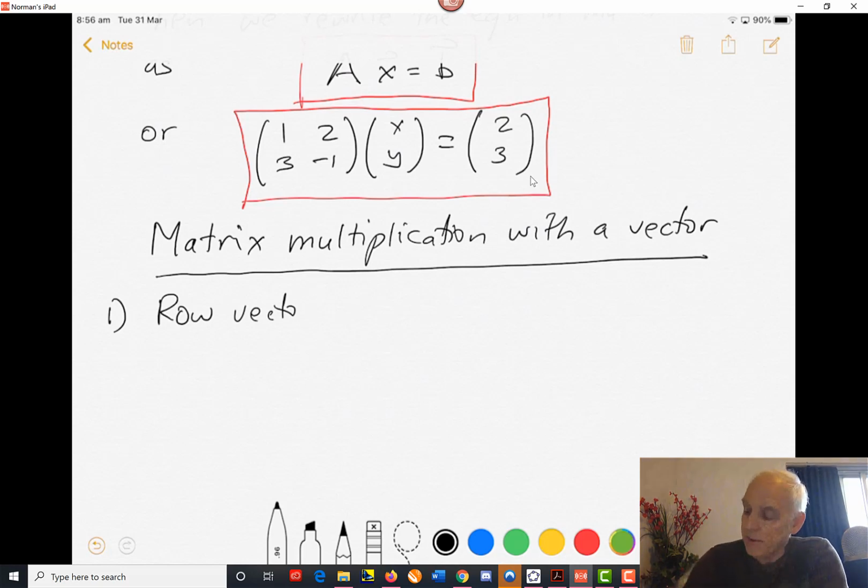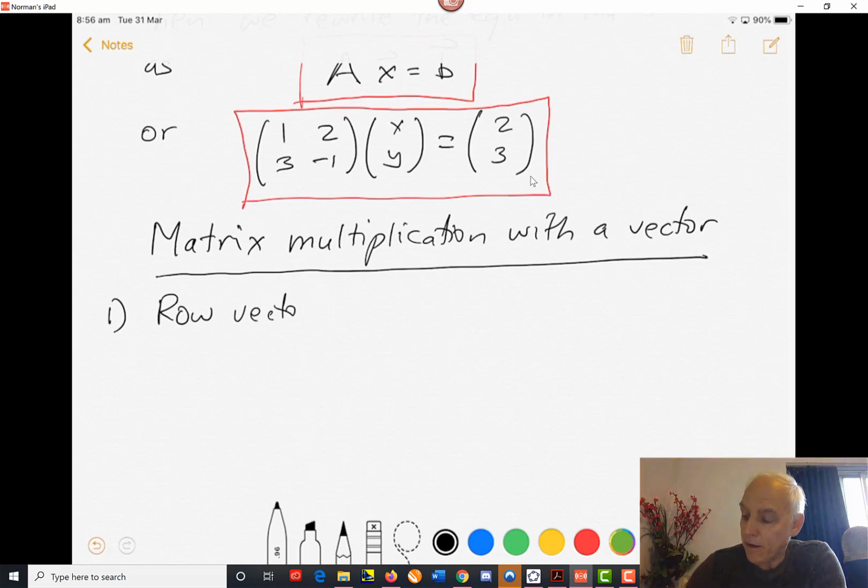So I'll do the 2x2 case first. Suppose that we have a vector, let's say v1, v2, and we have another vector w1, w2. So the first one is a row vector, and the second one is a column vector.